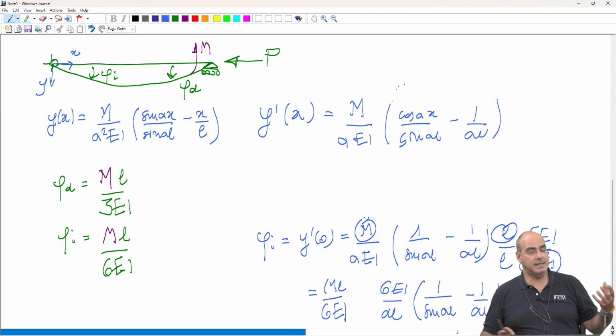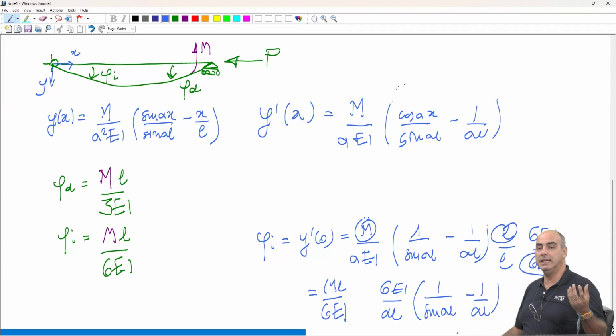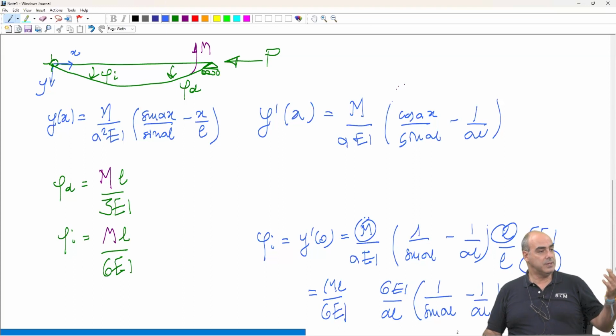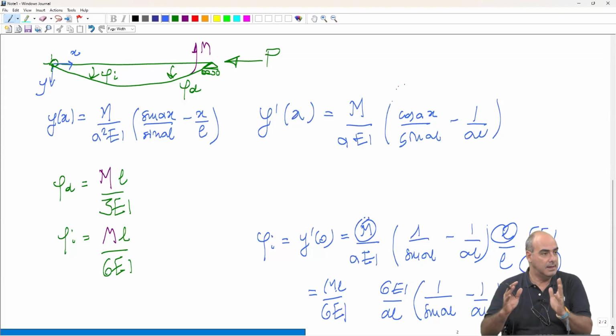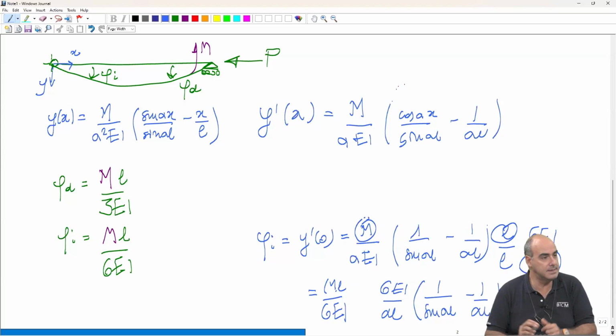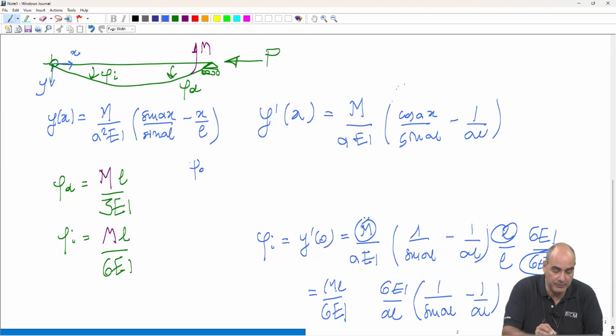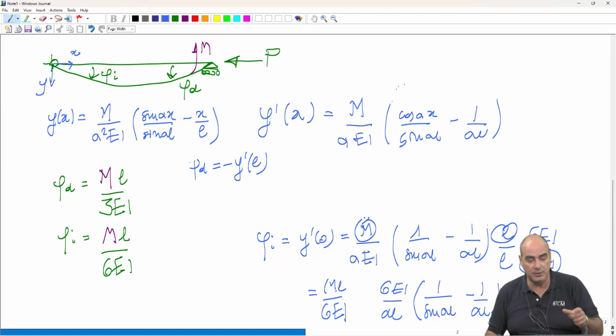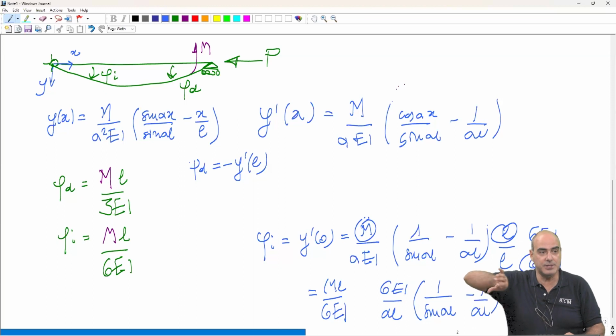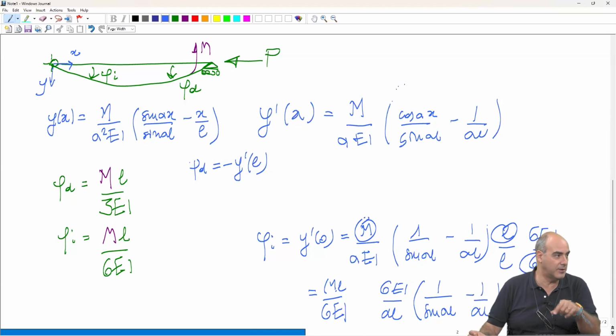As we saw yesterday with reference to the cantilever column, the deflection of the top was the lateral load H L cubed divided by 3EJ, and then we had an amplification factor, and this is the same. This is a correction function. If you want to calculate phi direct, it is minus y prime of L, because in that reference system the rotations are positive if clockwise, whereas phi direct is counterclockwise.